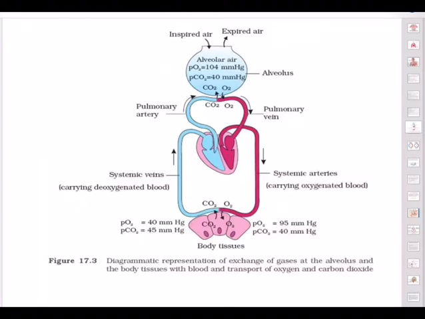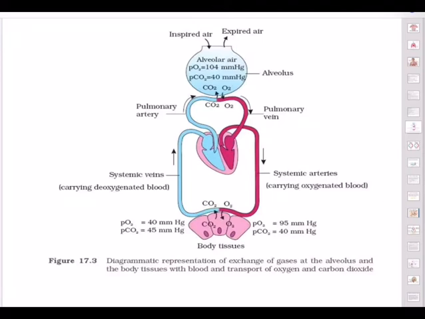So this is in comparison to the atmospheric pressure, right? And then once the oxygen enters into tissues, hemoglobin combines with oxygen. Oxyhemoglobin will be formed. Normally we say pure blood is formed. Whatever digestive material is there, the end product of all the digestion is glucose.